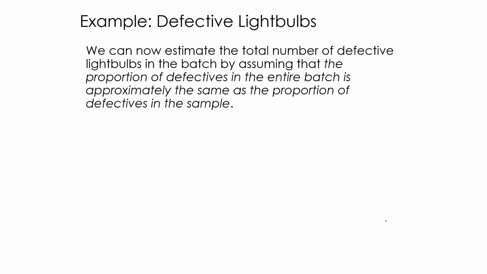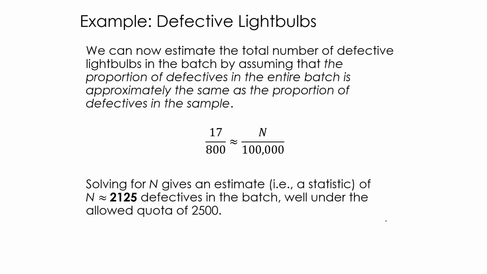We can now estimate the total number of defective light bulbs in the batch by assuming that the proportion of defectives in the entire batch is approximately the same as the proportion of the defectives in the sample. So we have our proportion 17 to 800 is approximately n to 100,000.